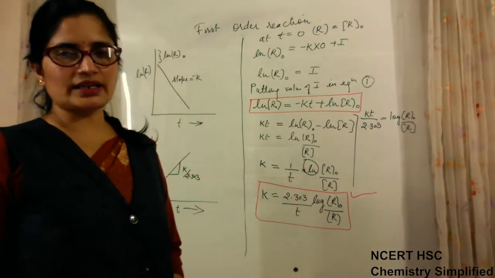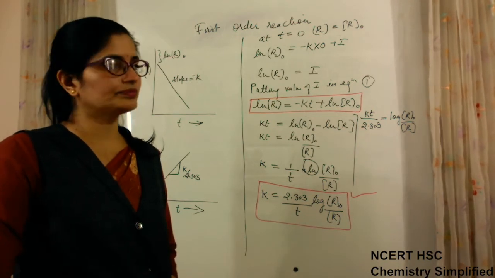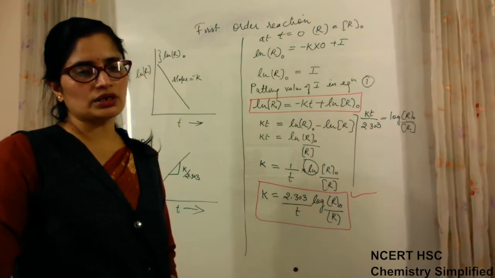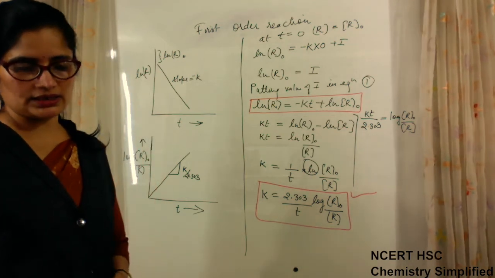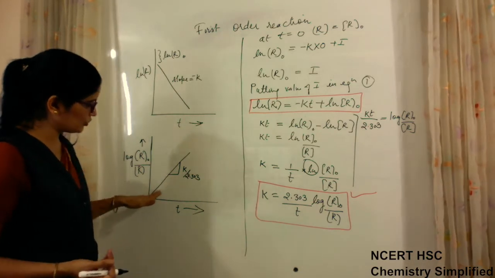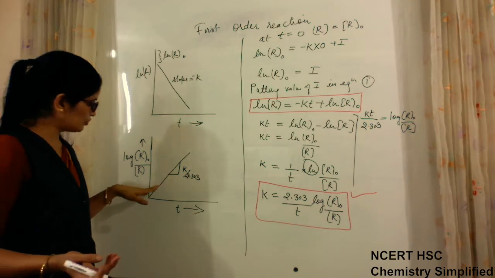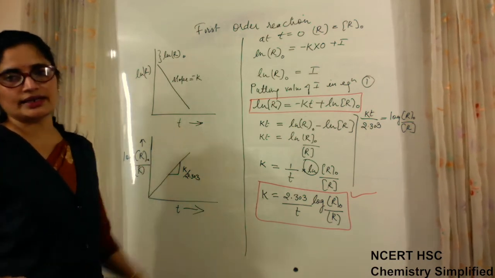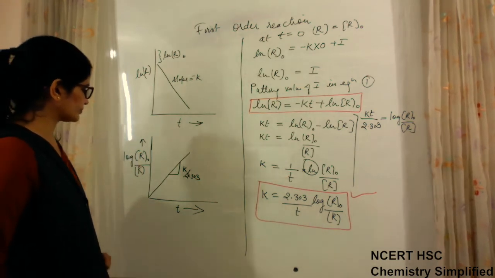This happens in the experiment we do in class 12th, finding out the rate constant for a first order reaction. That is a practical, but maybe we are able to do it or not, we'll see. But the same way, you will plot all values in that particular experiment, and you will find that it is coming as a straight line, showing that this reaction is a first order reaction.